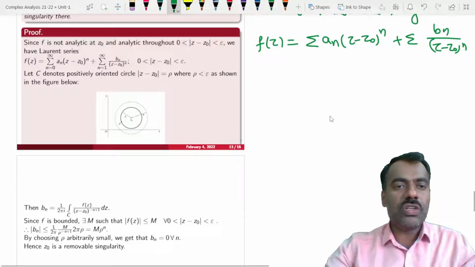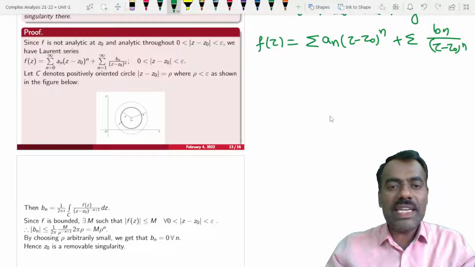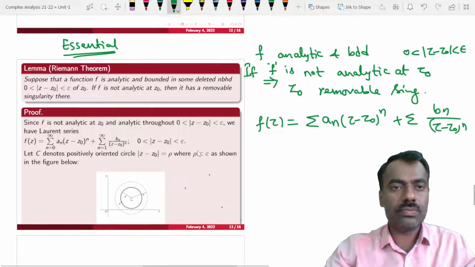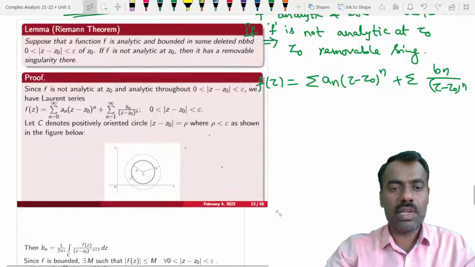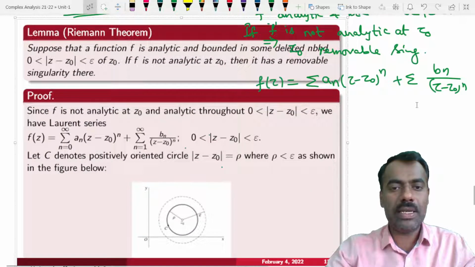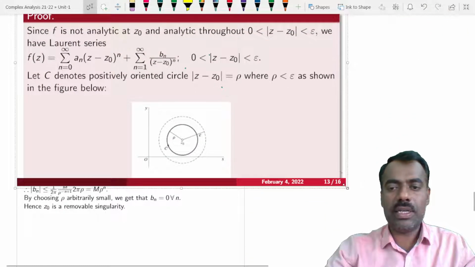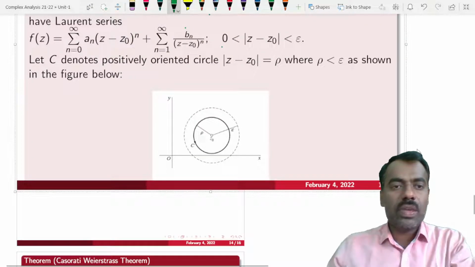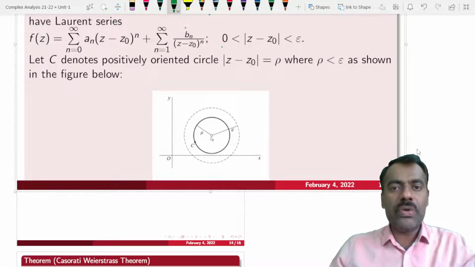Now we take c around z naught, a positively oriented circle.